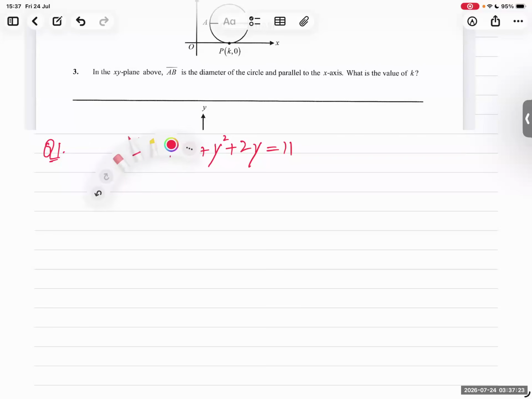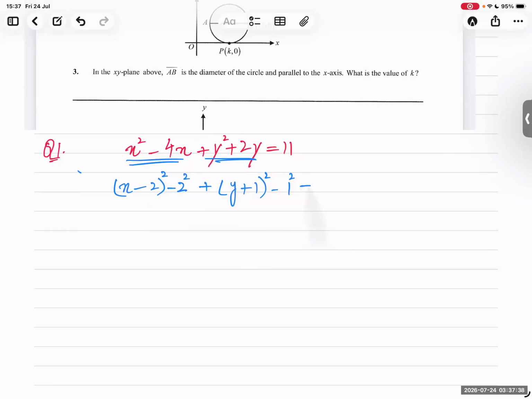We would express it in complete square and then proceed. So that is (x minus 2) whole square minus 2 square plus (y plus 1) whole square minus 1 square is equal to 11. That's basically complete square stuff, right?